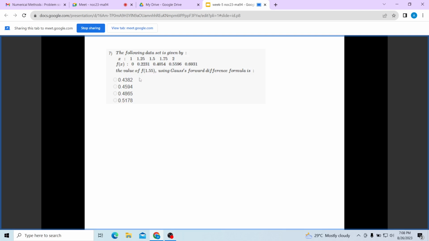Is it 0.4382, 0.4594, 0.4865 or 0.5178? Tell me what you are getting. 0.4382. Okay. Others, please try it. Are you getting 0.4382? Yes.